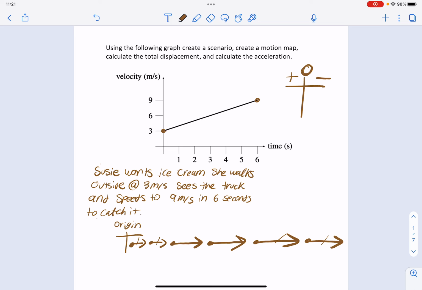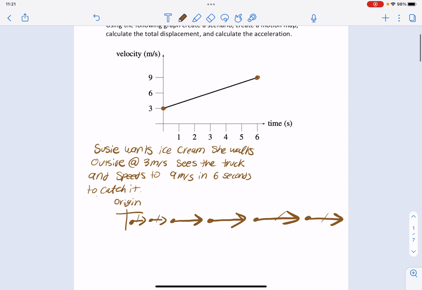You can either make positive left or right. That's fully up to you. I'm going to make positive right. I'm going to flip this to the bottom so that it doesn't interfere with the sentence on the top. So I'm going to make this my origin. I'm going to say she's moving in the positive, and that backwards would be negative.